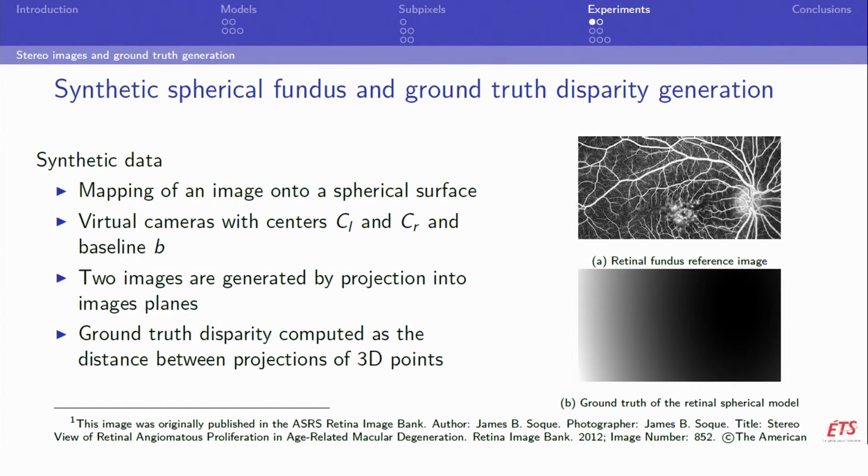So, some experimental results. The first one is using synthetic data. What we did, we took one original image, we reprojected that back to a spherical surface, and from that spherical surface we are reprojecting back into the image planes.